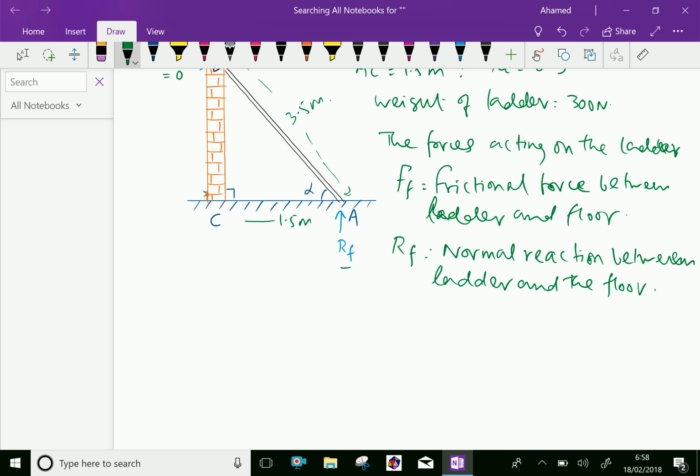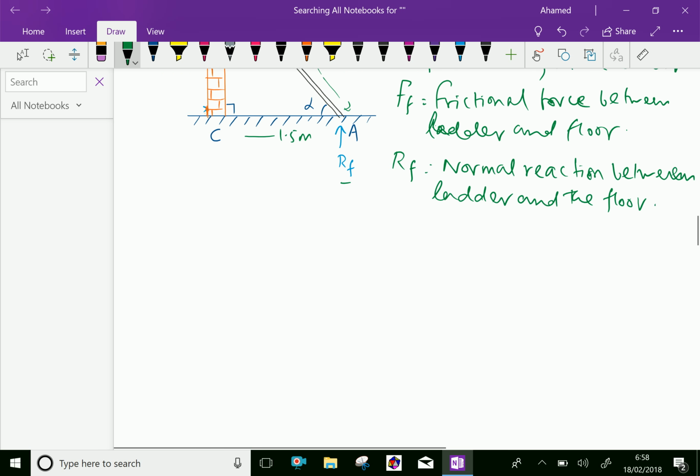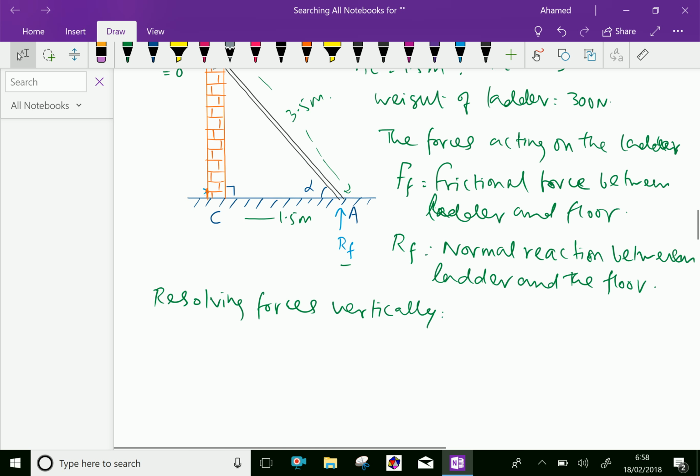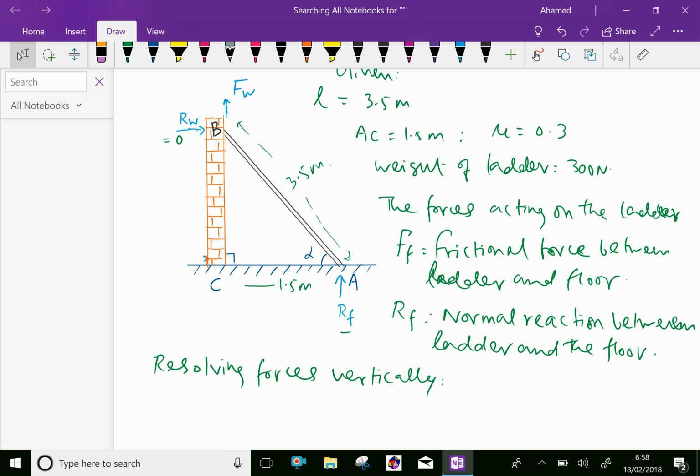Now resolving forces vertically, which means the vertical forces: from the center of the ladder its weight acts downward, which equals 300 Newton, and this is balanced by the normal reaction RF.